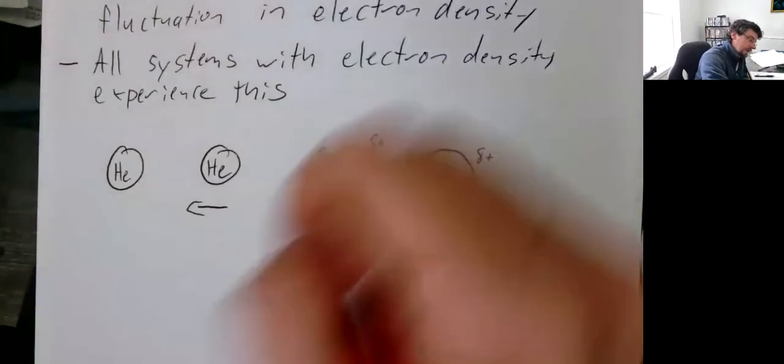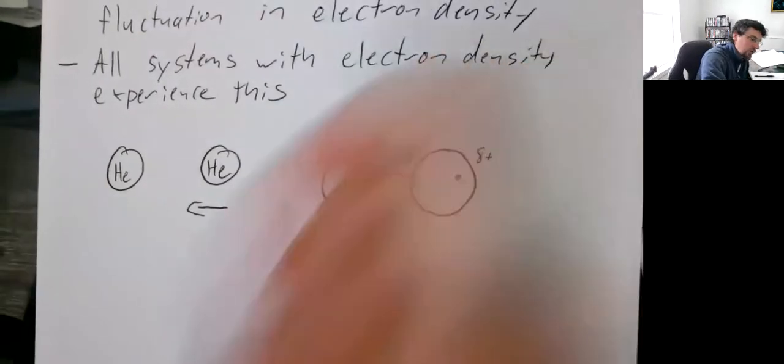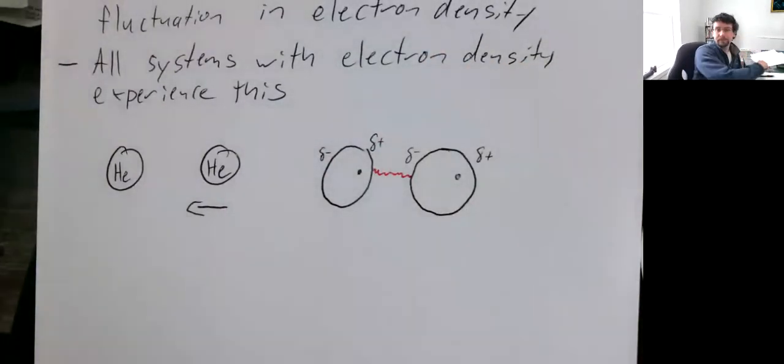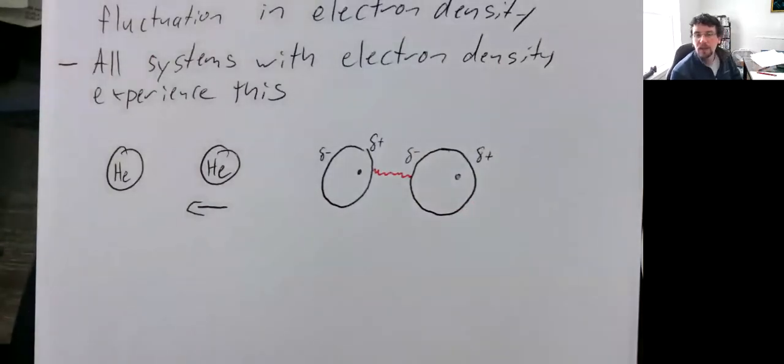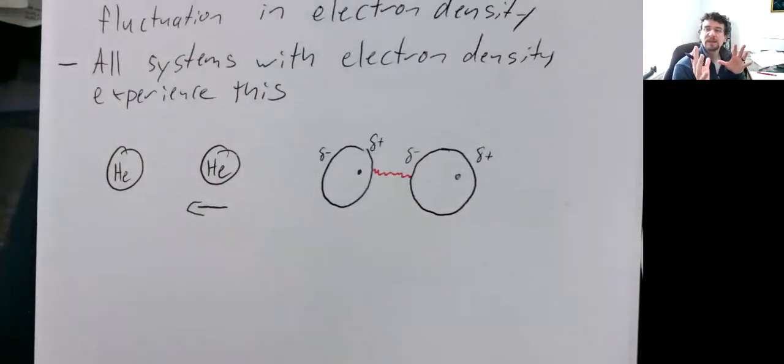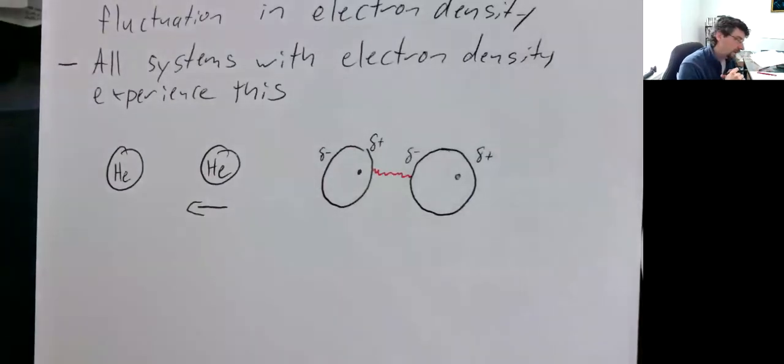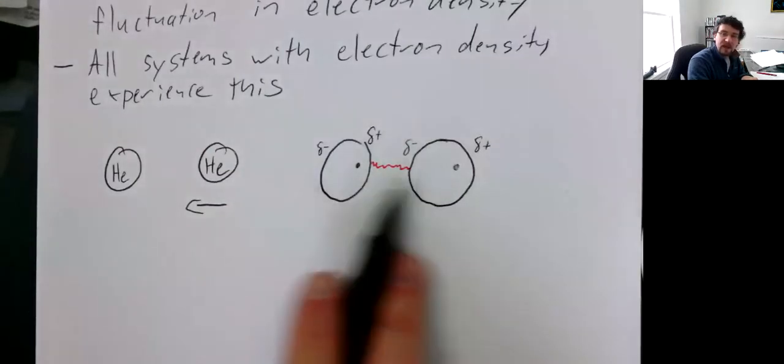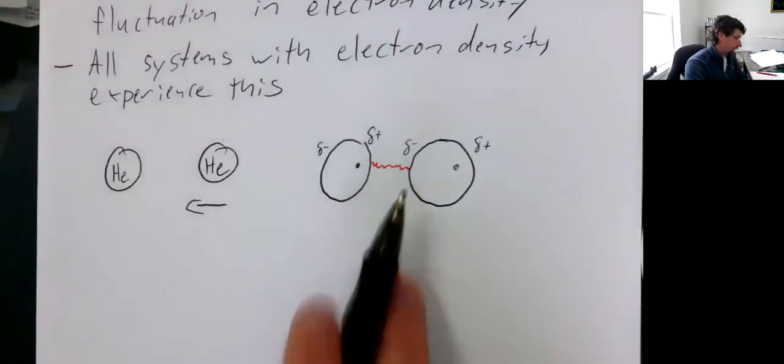And then this creates, again, an attraction force between the two. So we squish electron density, it becomes polarized. And what we mean by that is you can move it pretty easily from the center or from the nucleus. And we create these instantaneous dipoles and they attract one another.